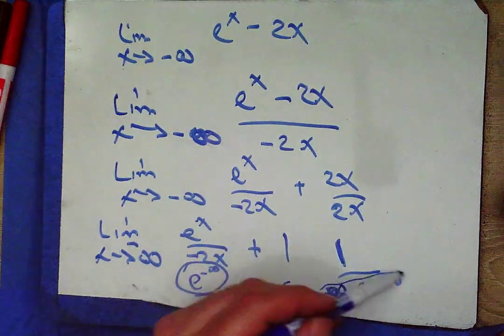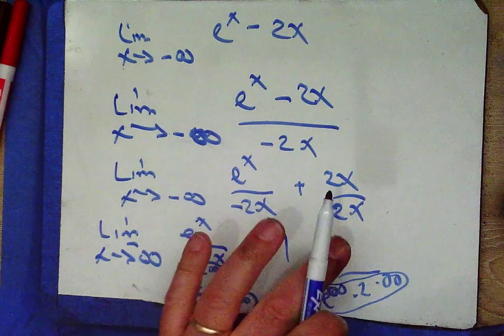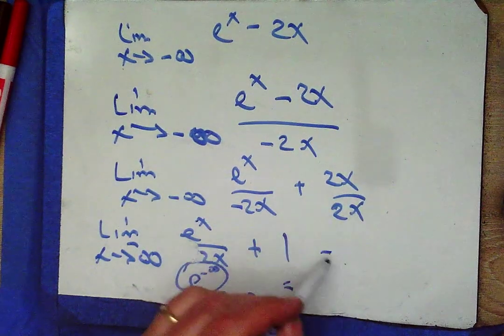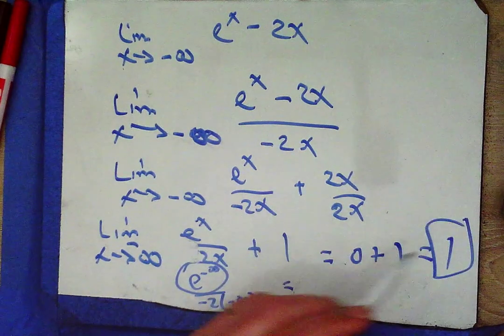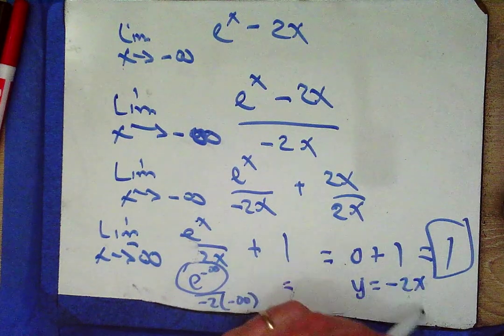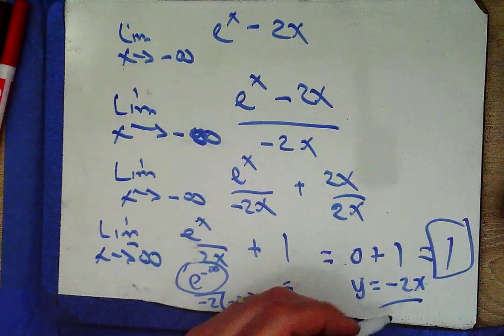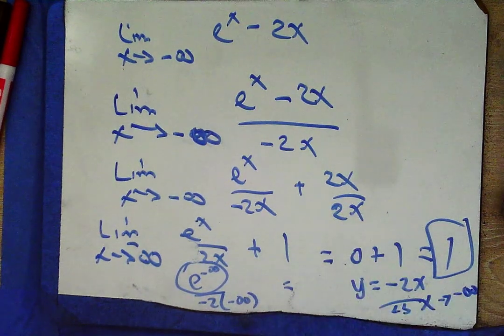One pizza and all these people coming to dinner. That is 0. And so what I've got now then is 0 plus 1, and that's 1, and therefore we guessed correctly. y equals negative 2x is our end behavior model as x heads to negative infinity.